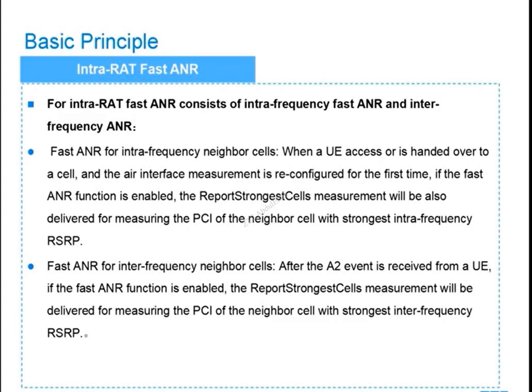For normal ANR, the eNodeB determines whether the PCI reported by the UE belongs to an unknown neighbor cell only after receiving the handover measurement report event A3 or A5, and then starts the CGI measurement of the unknown neighbor cell. So fast ANR performs the measurement and report faster than normal ANR, so we call it fast ANR.